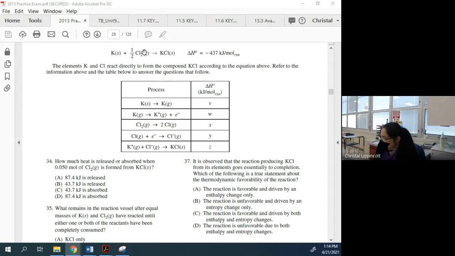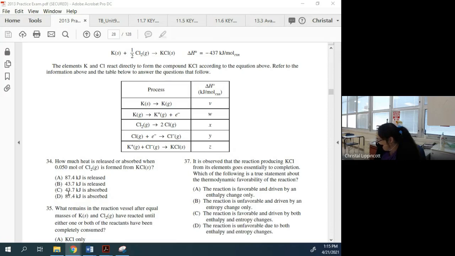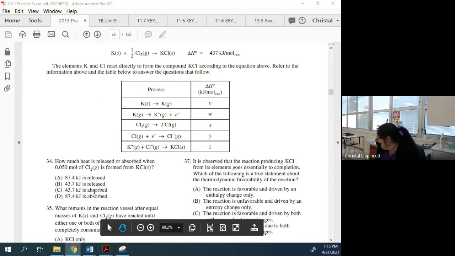Yeah, so this is already a half of an amount, right? So then this is a half of an amount and it's equal to this. This is half of a mole-ish. Okay, I know it's not half of a mole technically, but when we're talking in these terms, this is doubling that amount. Do you see that? So we don't really have to do any math here. We just have to reason through this. Since this is at a half and that's at a half, then that means that we're going to go with C.